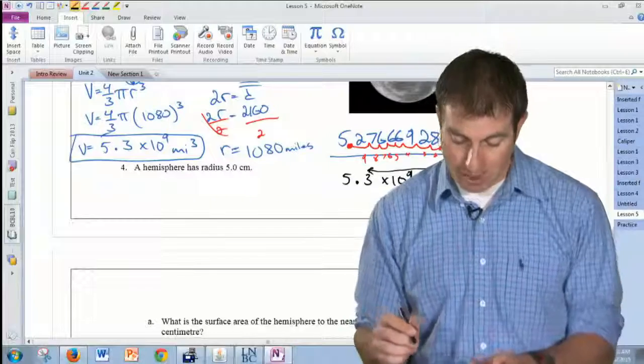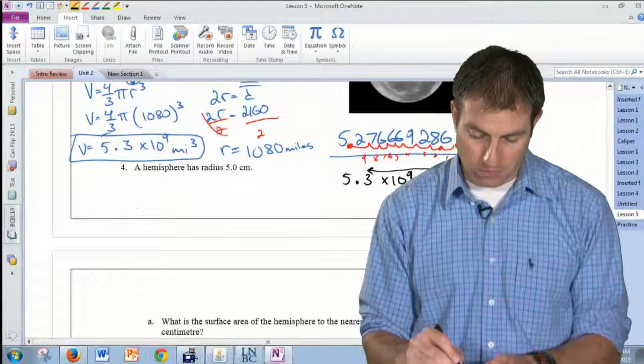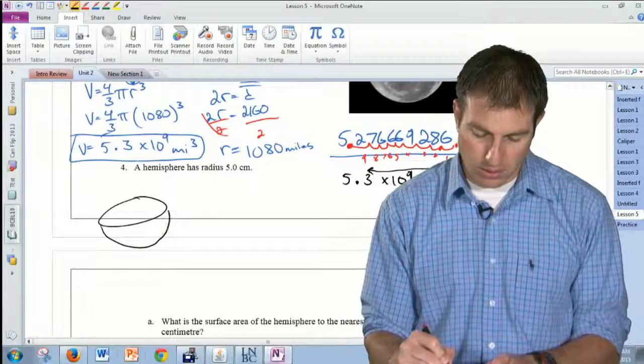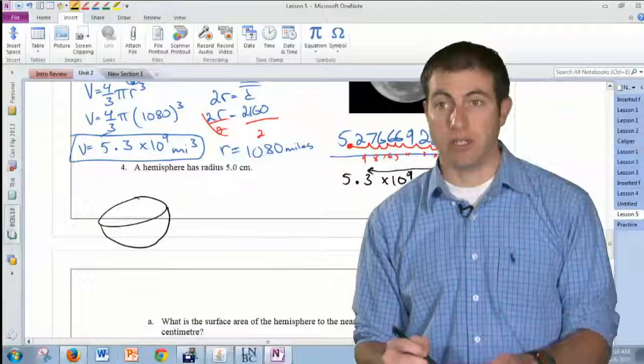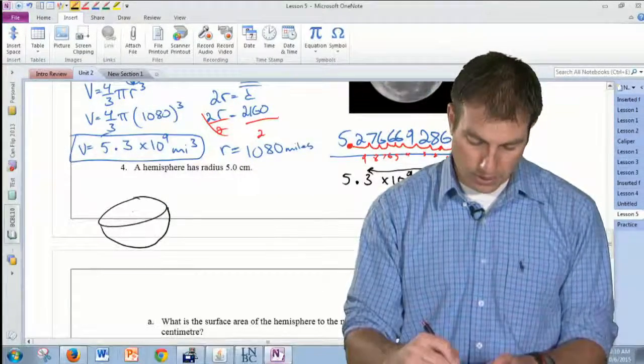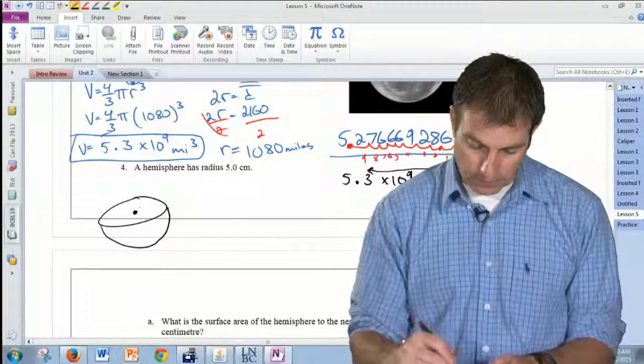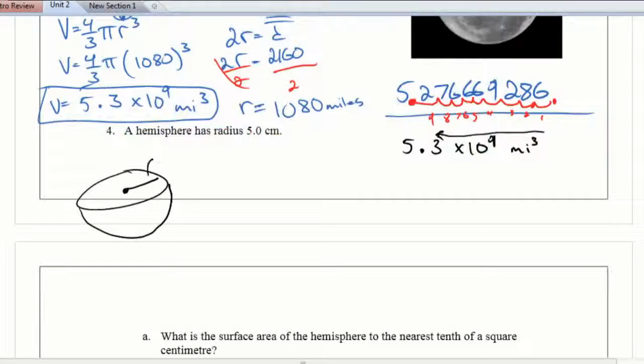When we're talking about a hemisphere, we're talking about half a sphere. Perfect. And in this case, the radius is 5 centimeters. Good. So hemisphere, half a sphere.